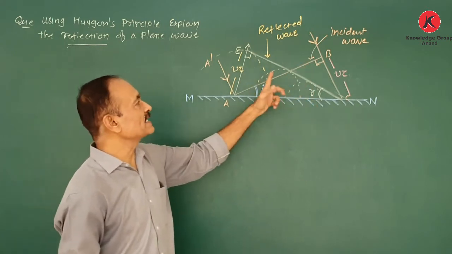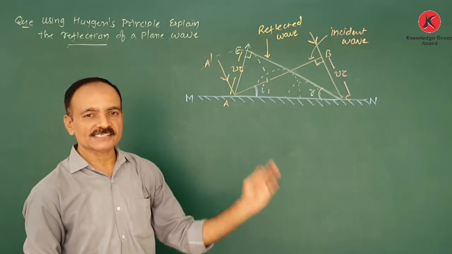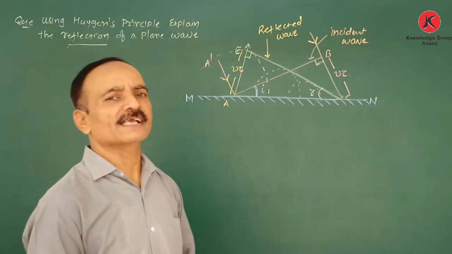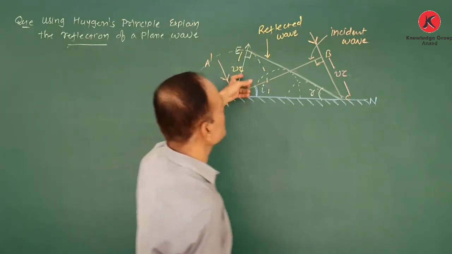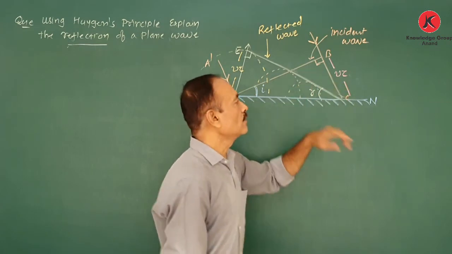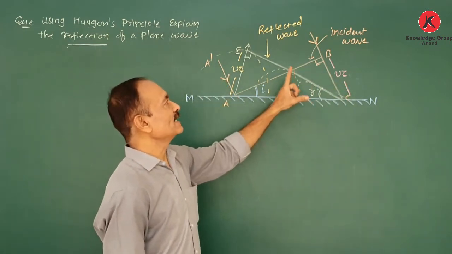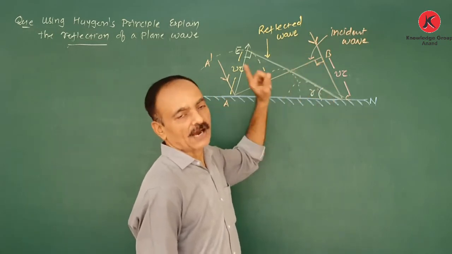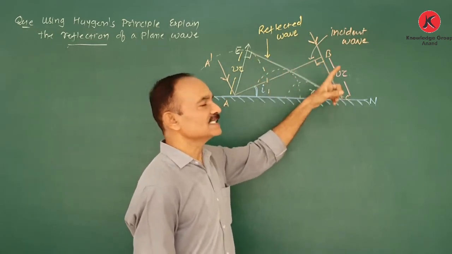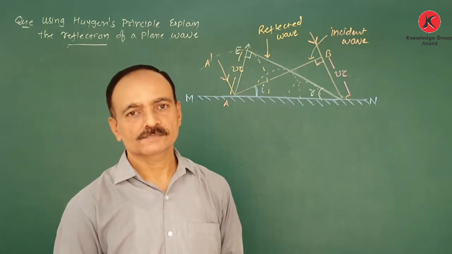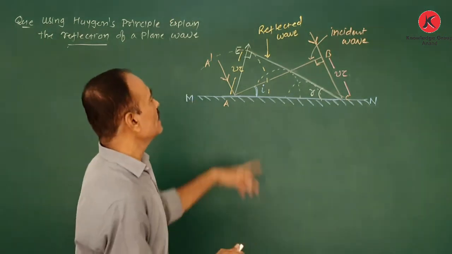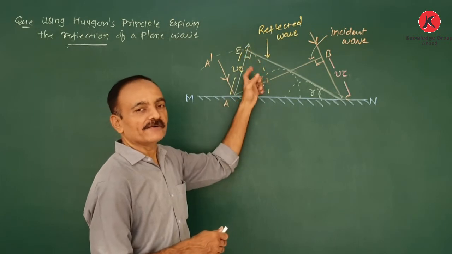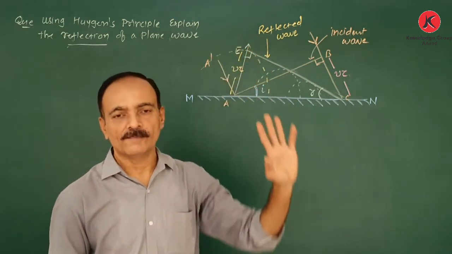Therefore, the speeds of the incident and reflected waves are the same because both waves are traveling in the same medium. Now, the time taken by the incident wave to travel the distance BC is tau. Therefore, BC is equal to v into tau. And the reflection of a wave takes place in the same medium.